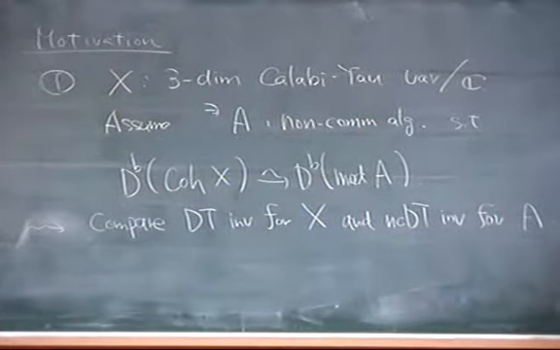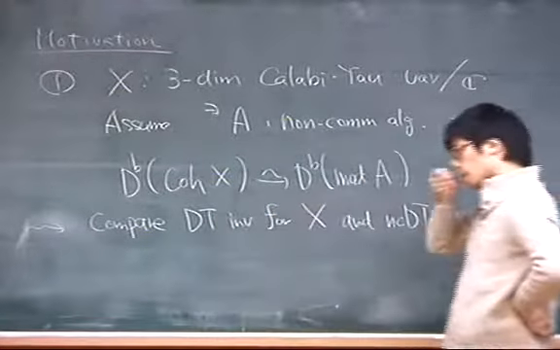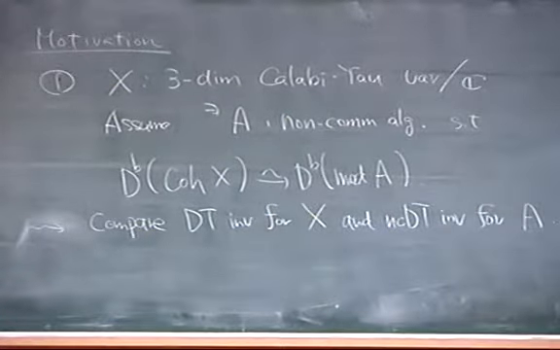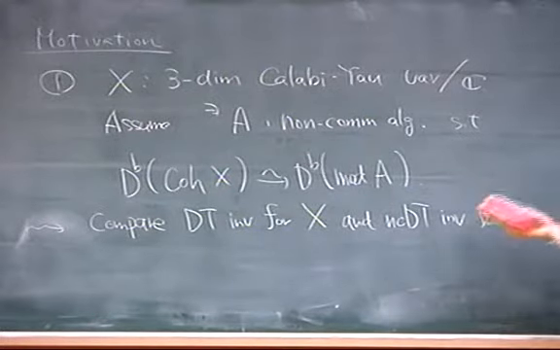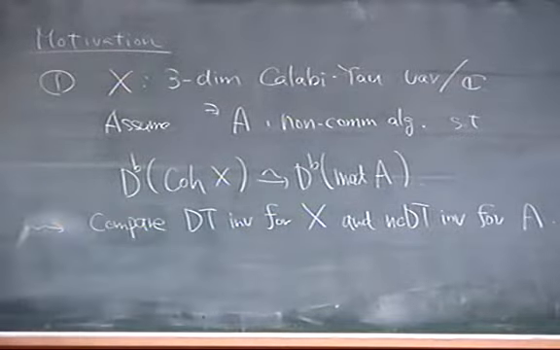So first we construct a moduli space of sheaves on X, and then taking Euler characteristics, or more precisely taking virtual counting, we define such invariants.